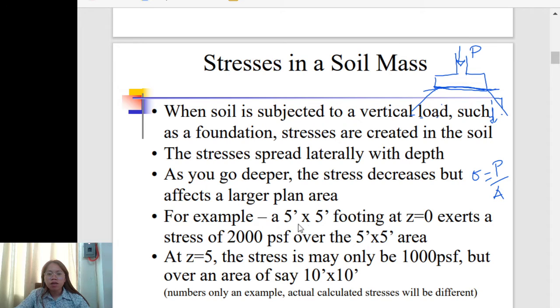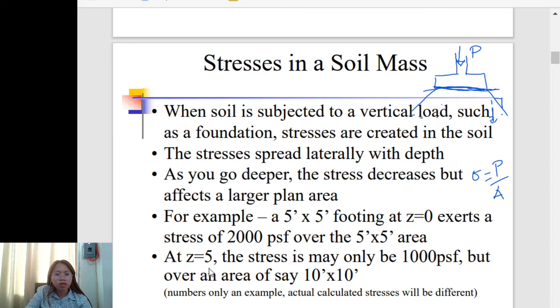For example, a 5 feet by 5 feet footing at z equal to 0, meaning the immediate interface between the footing and the soil, exerts a stress of 2,000 pounds per square foot over a 5 feet by 5 feet area.